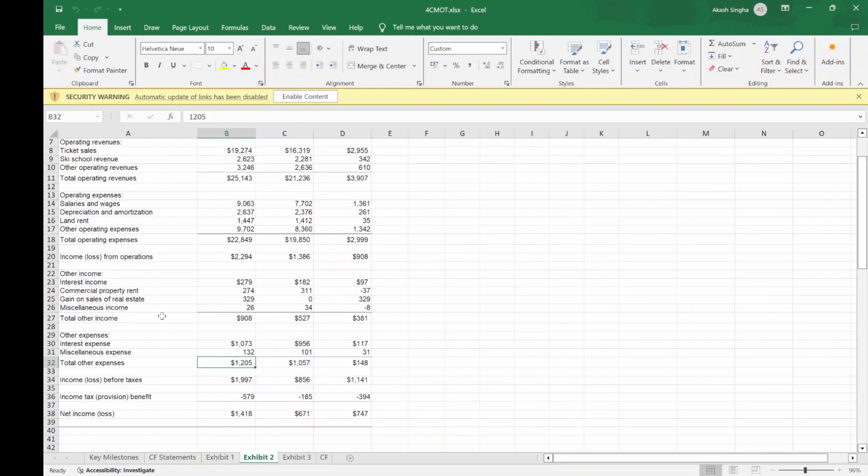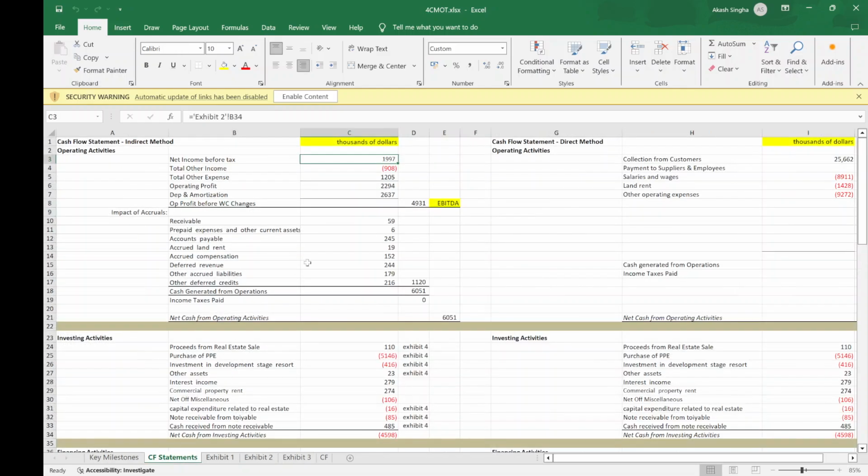Add back the depreciation and amortization, same. You will get the EBITDA.